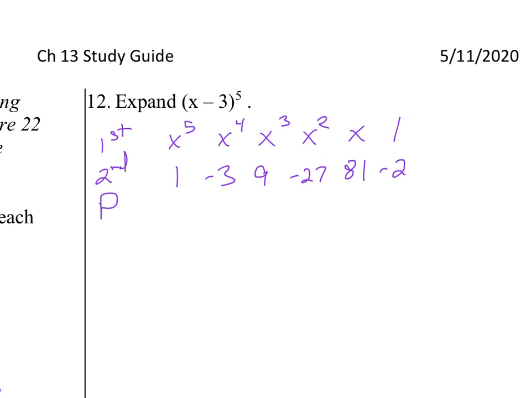I was off. Sorry. 243. All right. Now my Pascal's triangle, I'm looking for the 5th row.